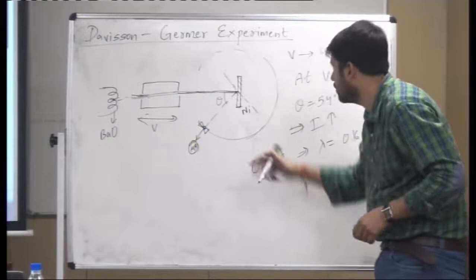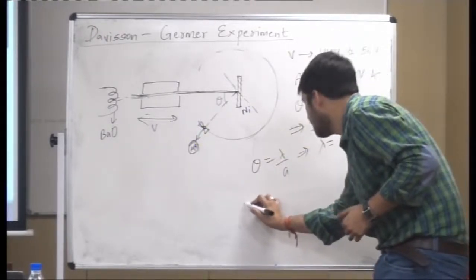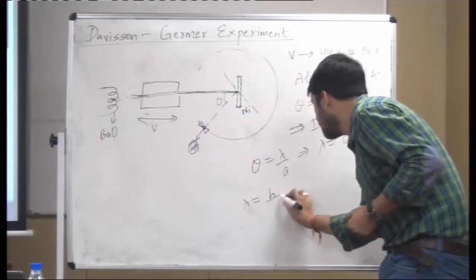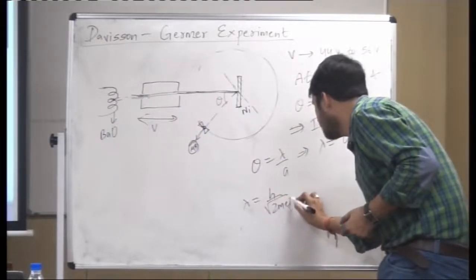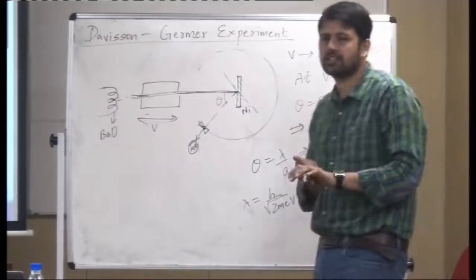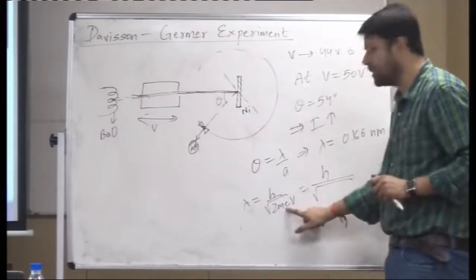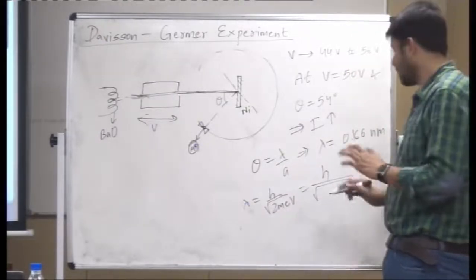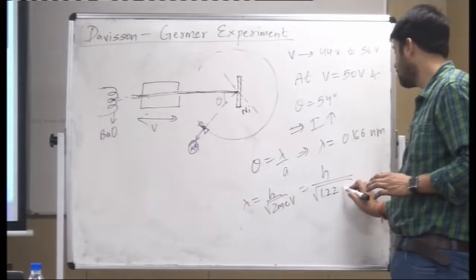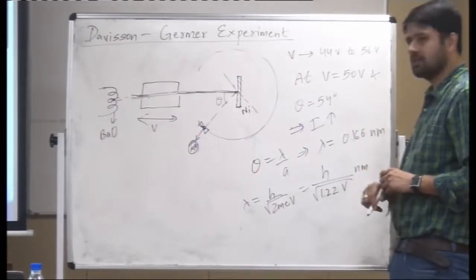While through the de Broglie hypothesis, the wavelength was h upon under root 2 m e v, which you can use for electrons. For electrons, m and e are constant. This comes handy, 1.22 upon root v, while this is in nanometers.